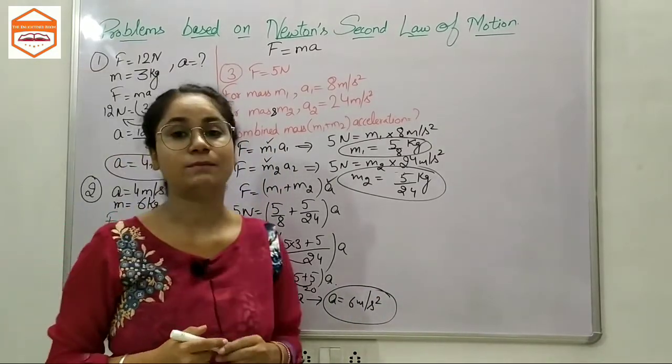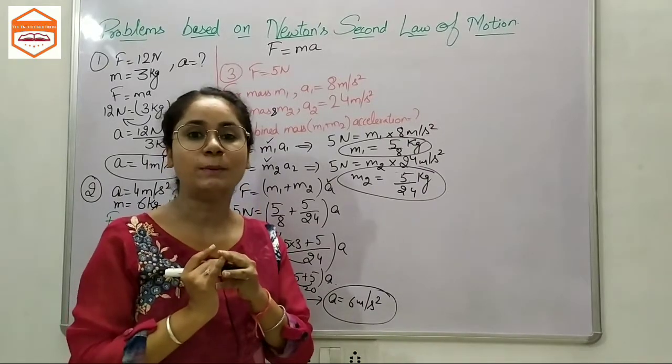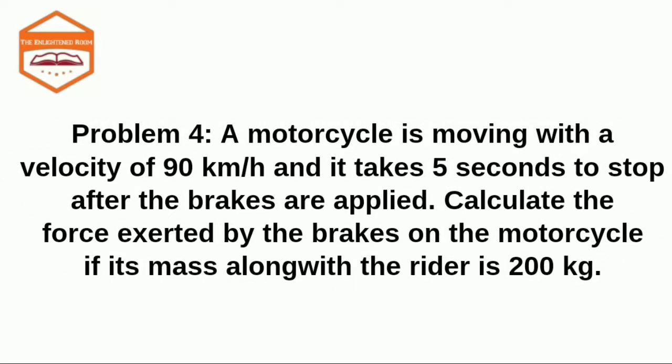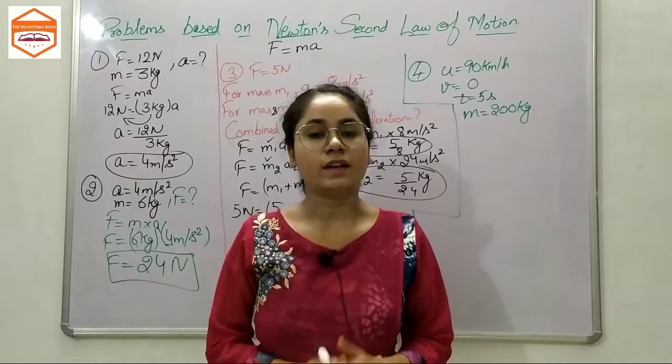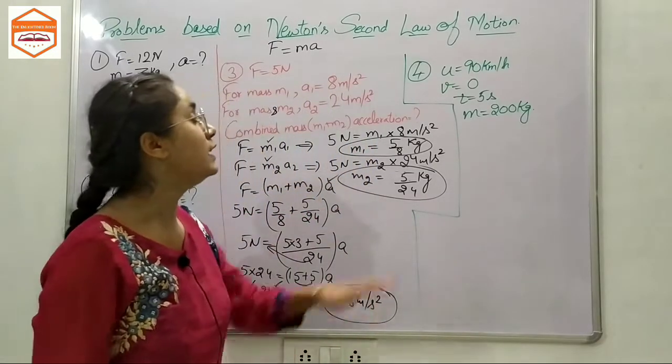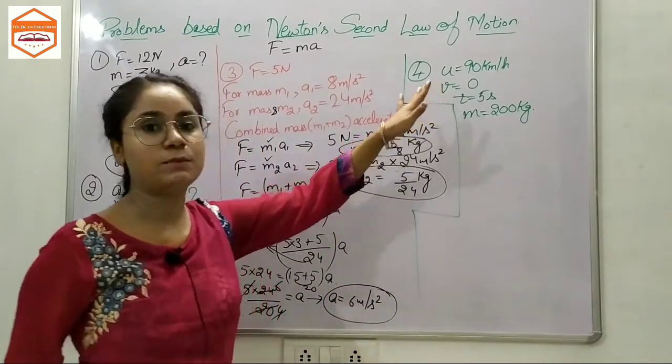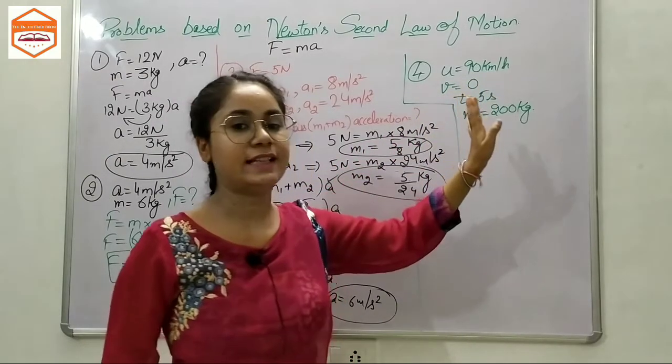Now let's move to problem number 4. According to problem number 4, the motorbike is already moving with the velocity 90 km per hour.